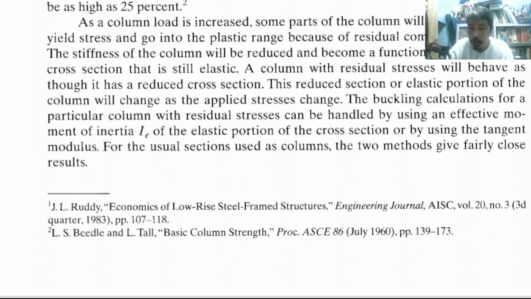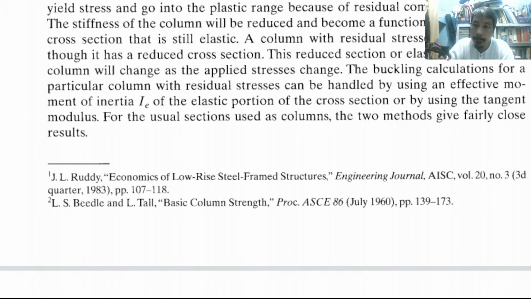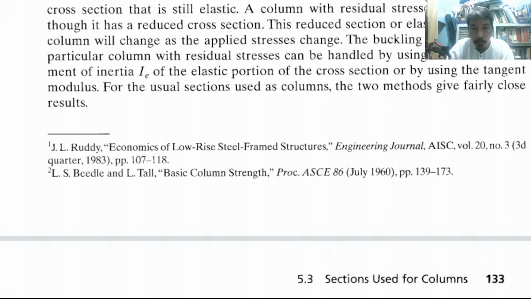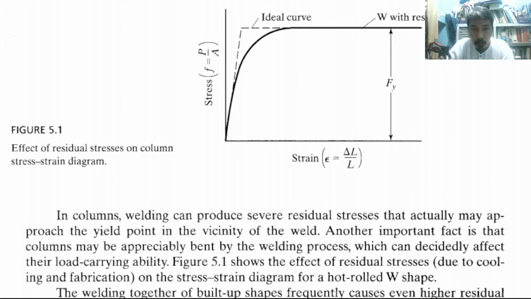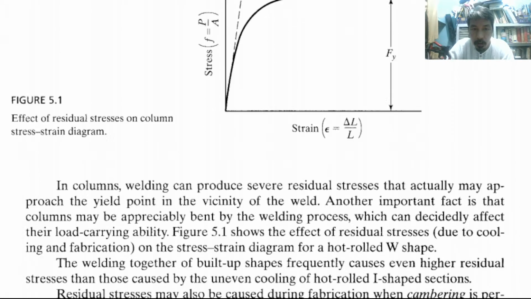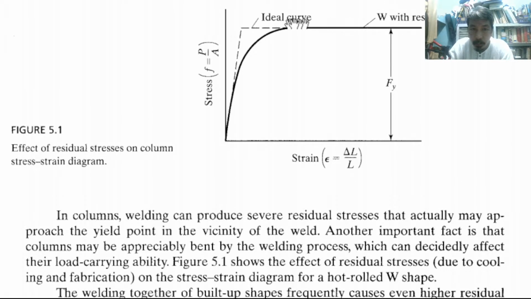So there is always a presence of residual stresses. As you can see on the figure, we have the ideal curve, which is a straight line and another straight line, but actually we have the W section with residual stresses.